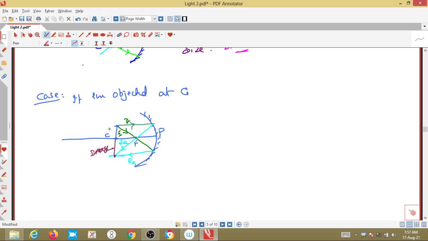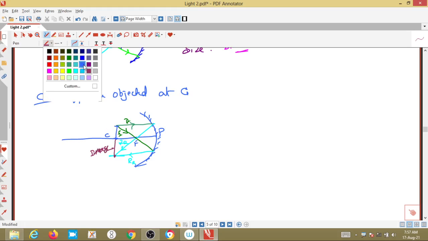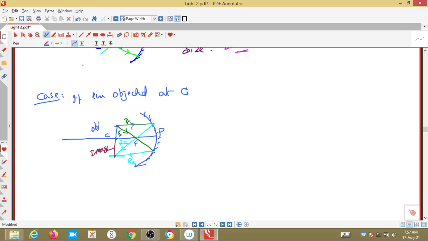This is the object here, and the image is also formed at the same place, that is, at the center of curvature. So what we have understood here is that the image is formed at the point C.